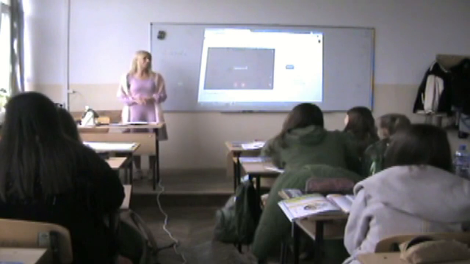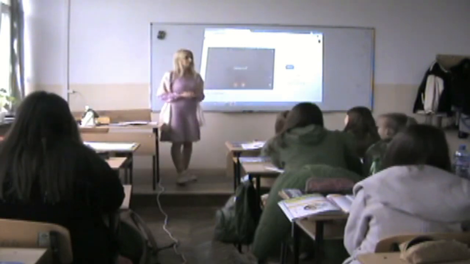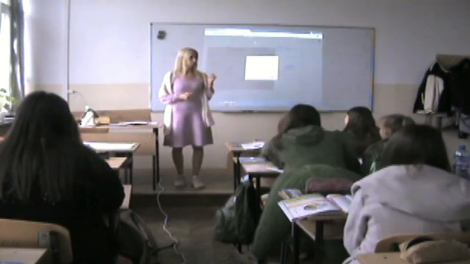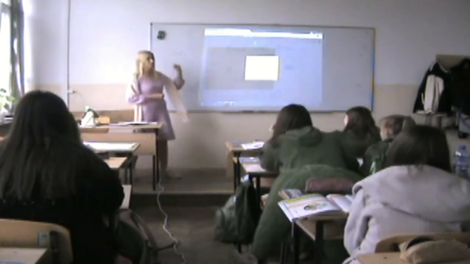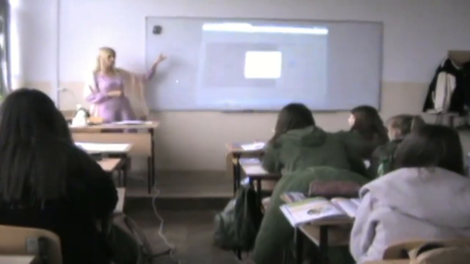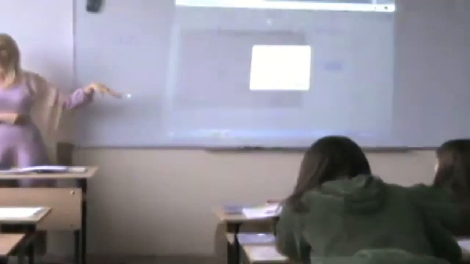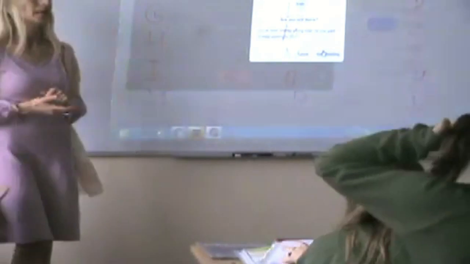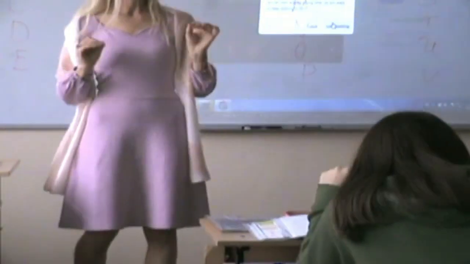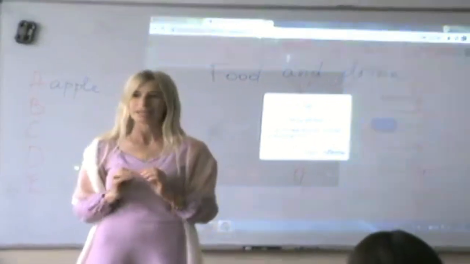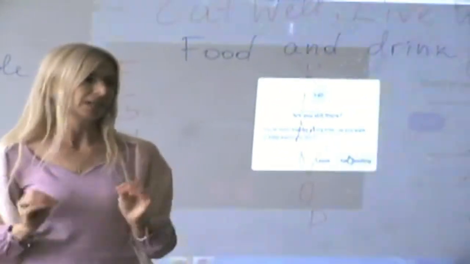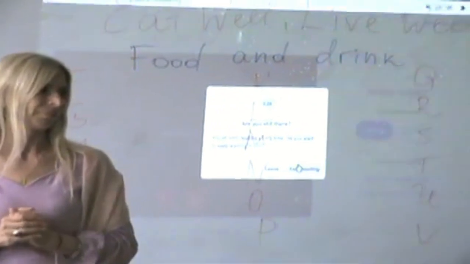Yes. Okay. Now we'll start with a game with words. I have written the letters of the English alphabet on the board. So you know all the letters, A, B, C, and so on. Now I want you to write down as many words as you can think of which mean food and drink.